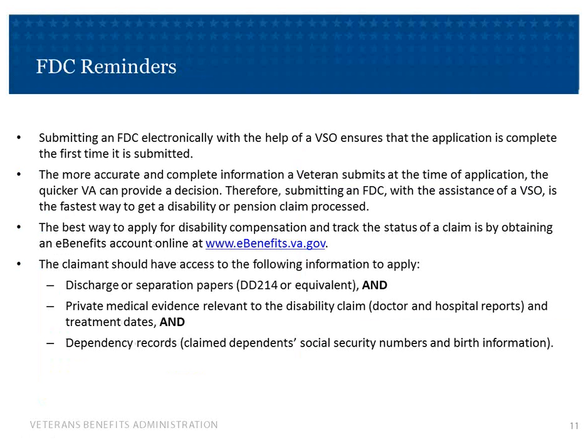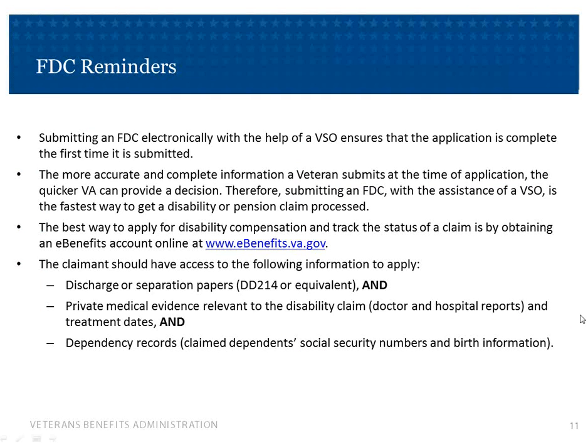We will now review the FDC process and how you can assist veterans with their claims. While FDCs can be submitted for disability compensation, pension, and DIC, today we will focus on showing you how to file an FDC claim for disability compensation. These are points to keep in mind as we move forward through the slides.